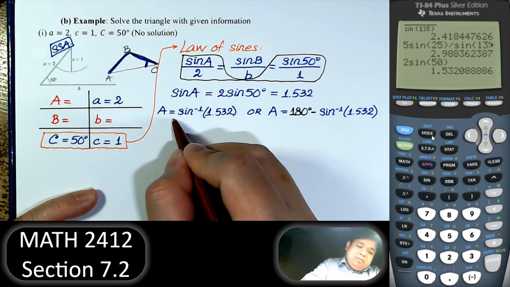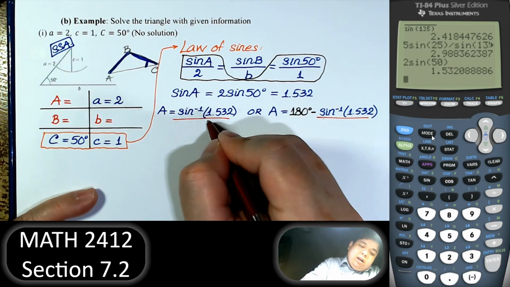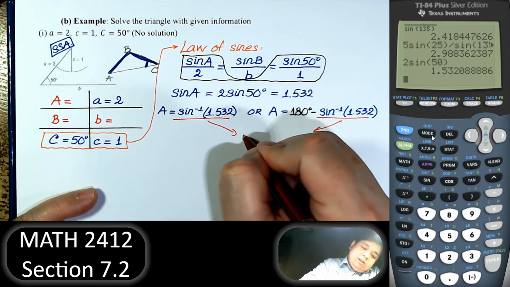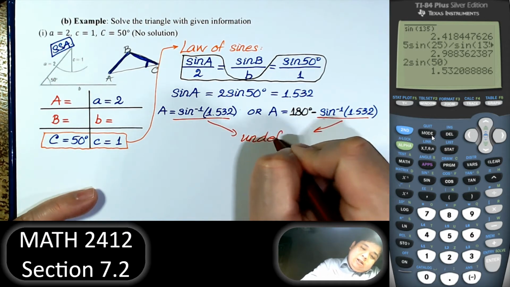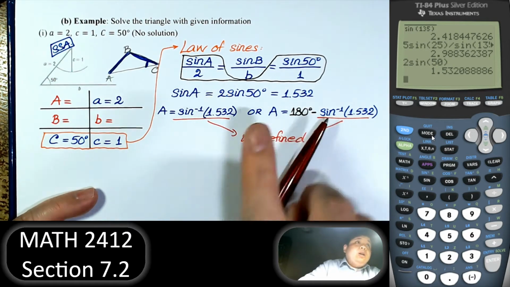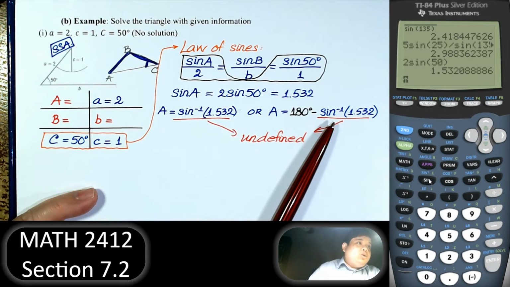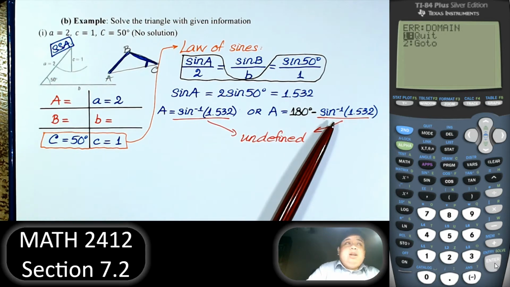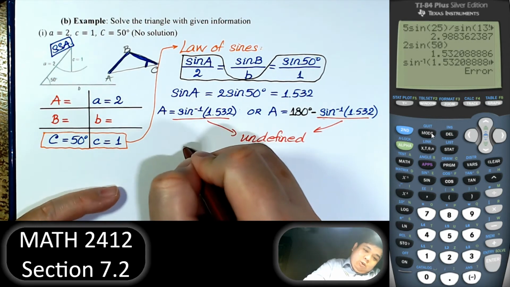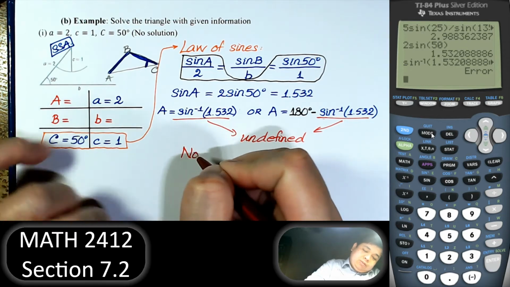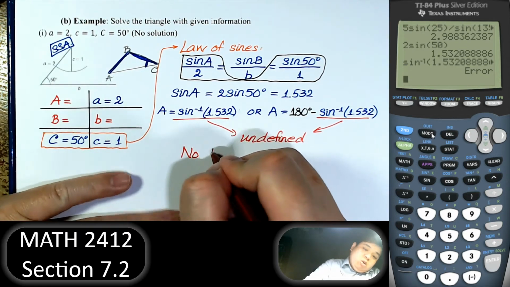But in either case, it is undefined. Because if we take that number and just do sine inverse, it will give you an error, right? It is not in the domain. So undefined, therefore we have no solution. In this case, there will be no triangle.